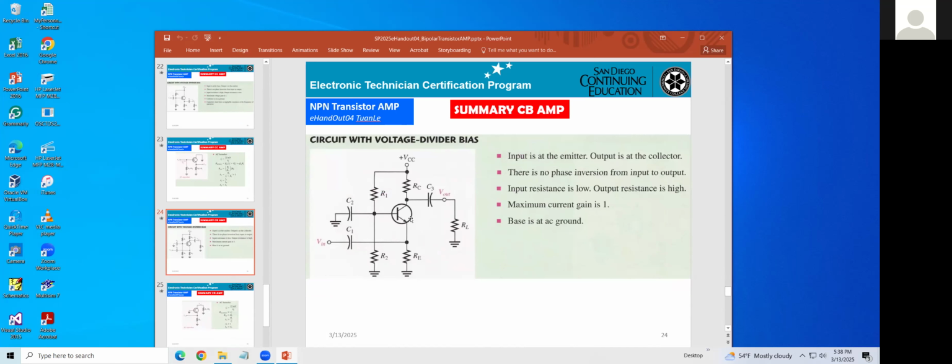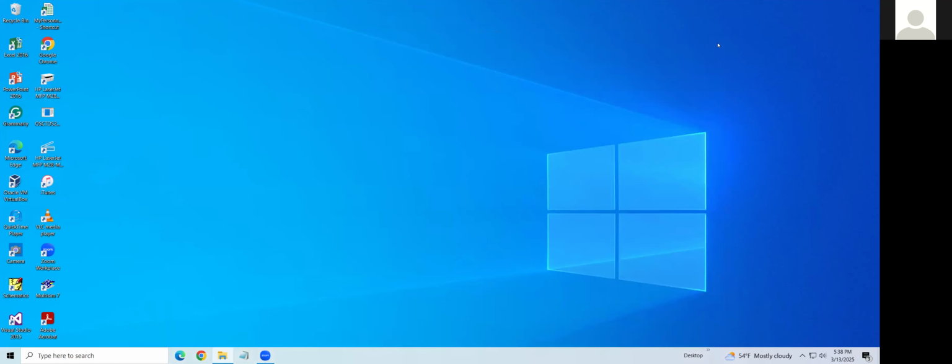You can see it summarized right here. No phase inversion between input and output. That means input goes up, output goes up. Input goes down, output goes down. Okay, just a minute.